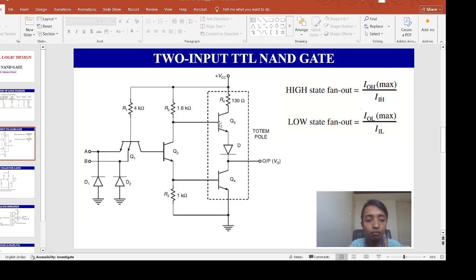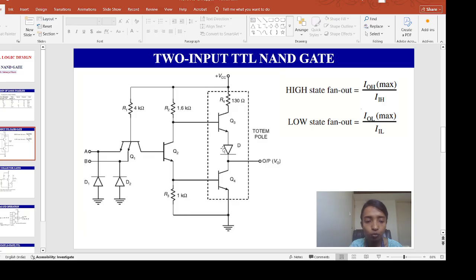If you apply a KVL to calculate the output voltage, V0 will be VCC minus VR2 minus VBE3 minus VD.